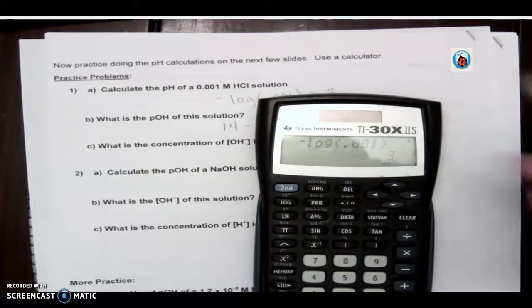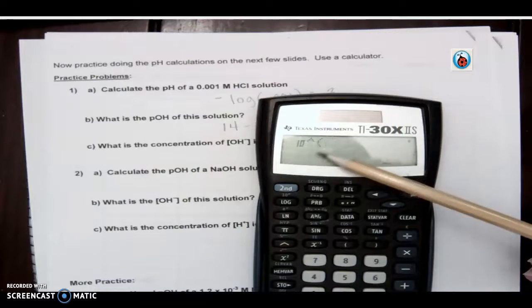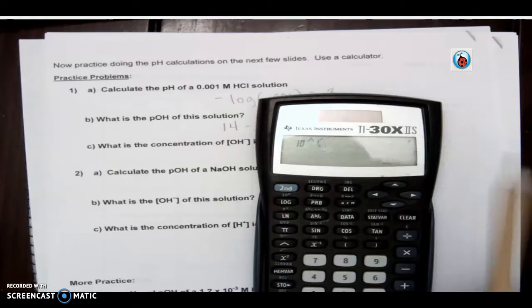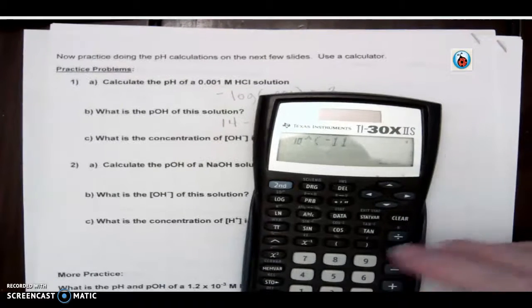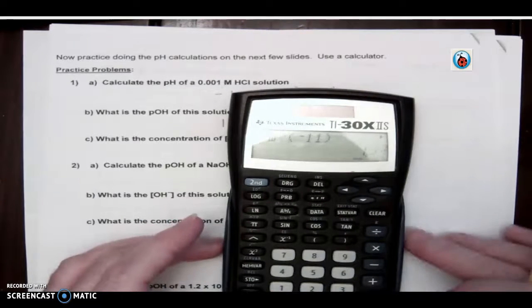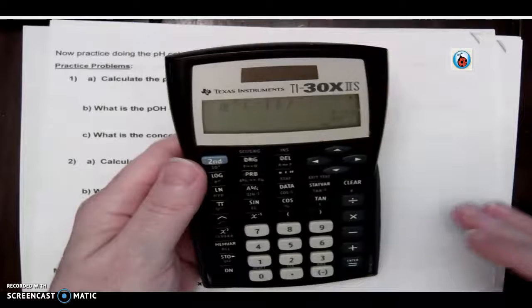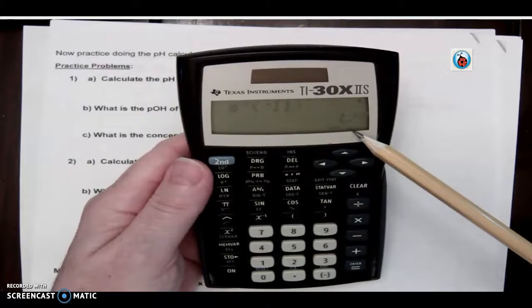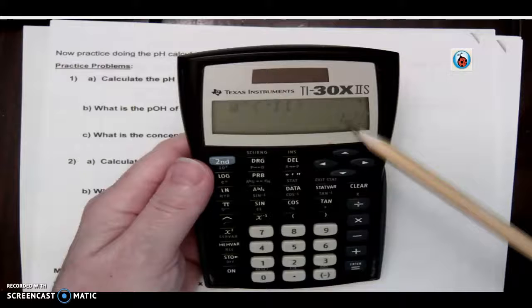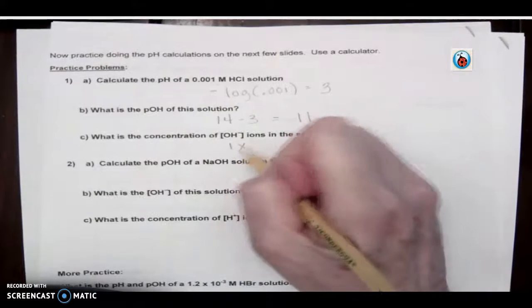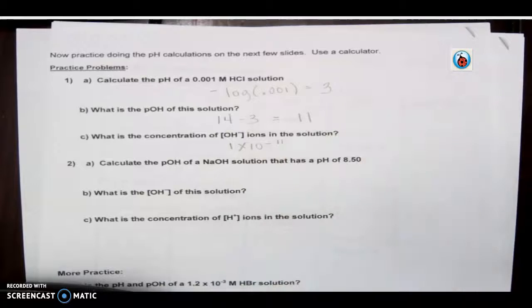So I'm going to do second log. Okay? And then I'm going to put in negative pOH. So I'm going to put in a negative 11, close my parentheses, and hit enter. What do I get? Now, I don't know if you can see this very well, but it's telling you it's 1 times 10 to the negative 11. Some calculators will have an E, remember that? So I'm going to write 1 times 10 to the negative 11.